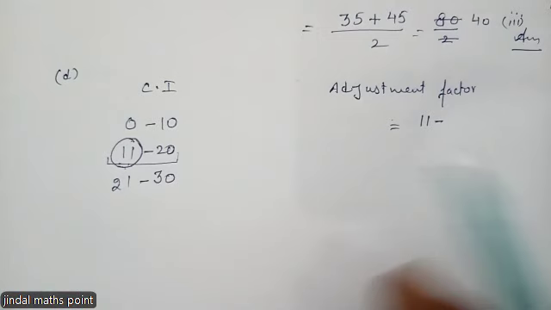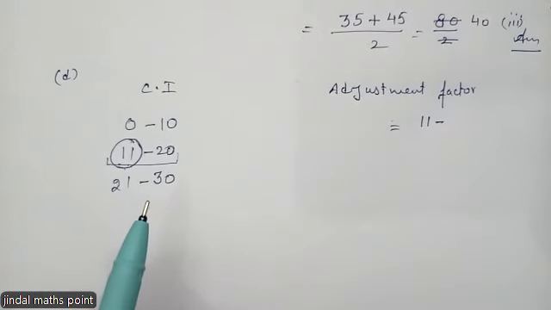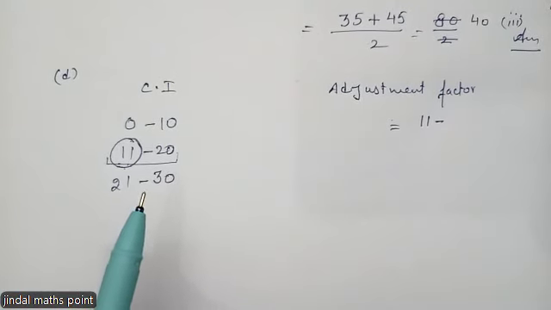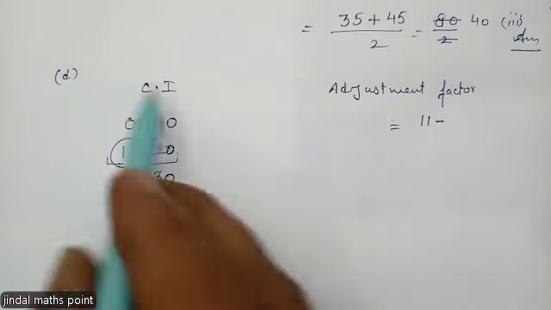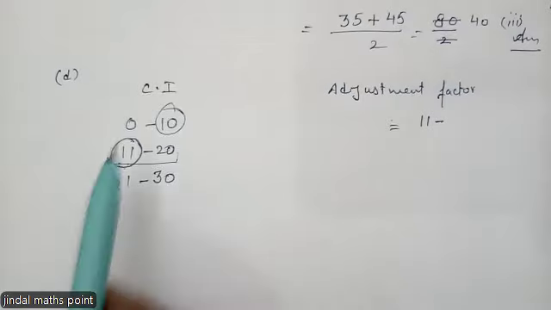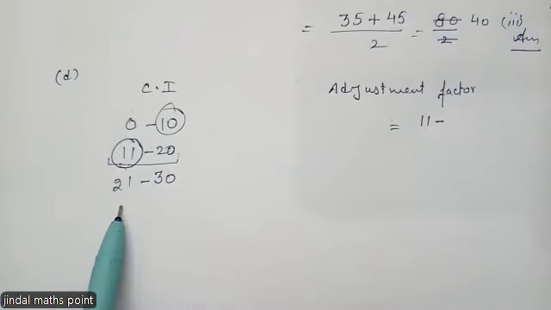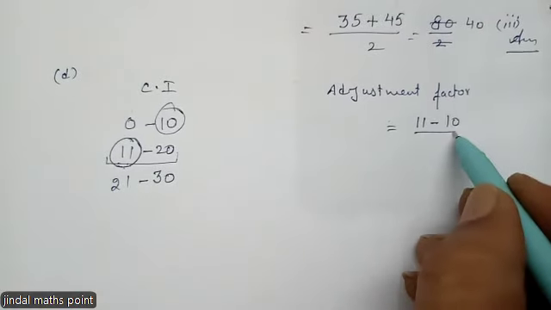The upper limit of the first class interval is 10. This is the lower limits and these are the upper limits. Divided by 2.